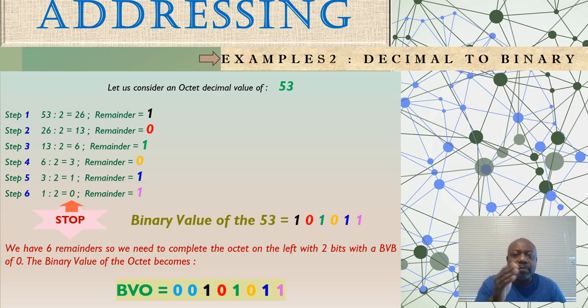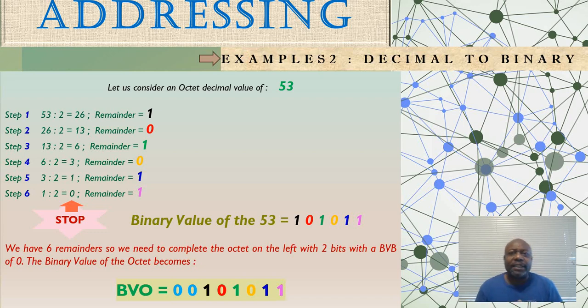You see the octet value is 53. If you recall, what is the decimal value of the first bit in an octet if it is 1? Exactly, it is 128, which is bigger than 53. So that's not going to be in our decimal value. That's why we give it 0.